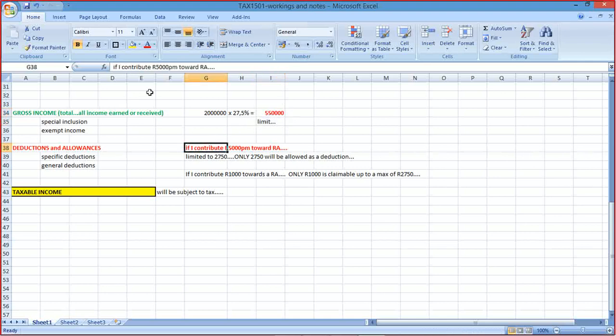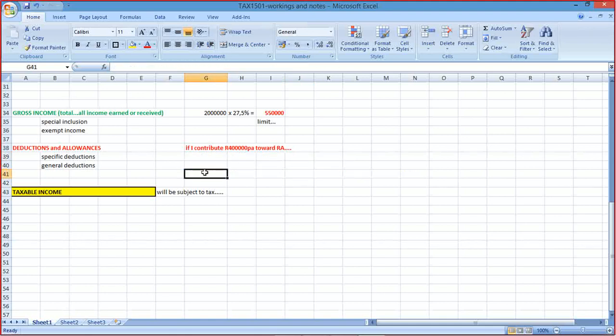Let's say I contribute 400,000 a year towards my pension. Would I be able to claim the 400,000? No, you wouldn't. Because what does SARS say?